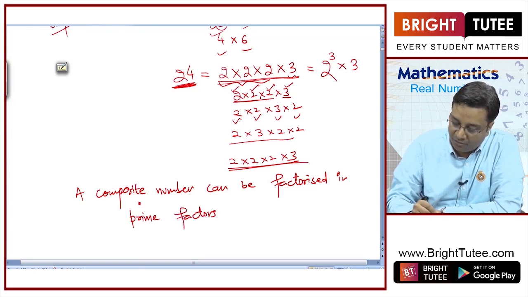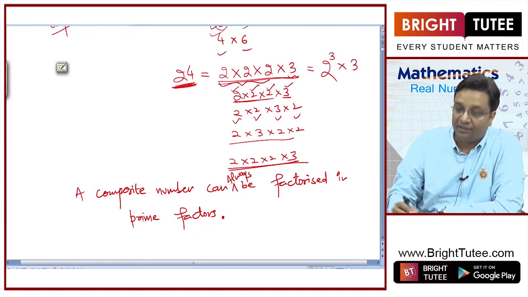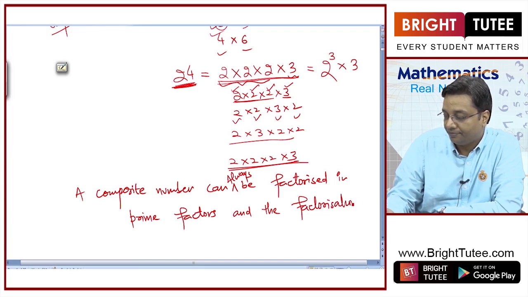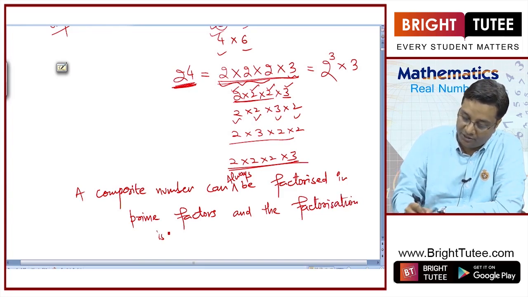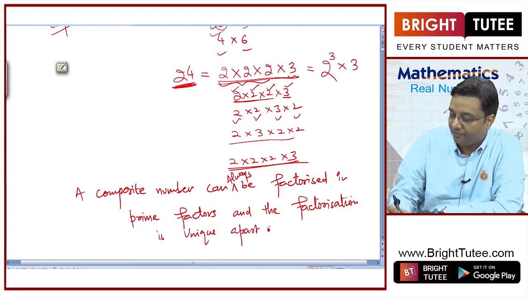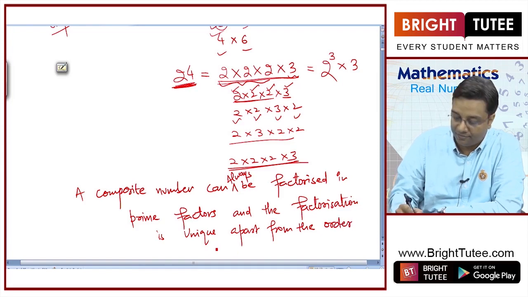We should write: a composite number can always be factorized in prime factors, and the factorization is unique apart from the order in which it is written.